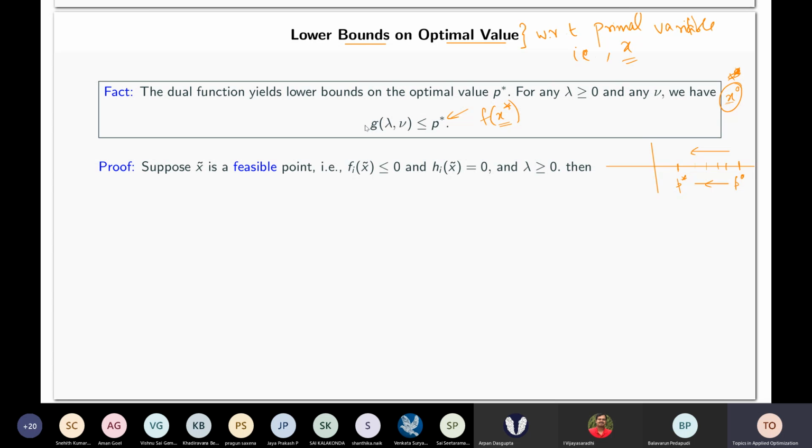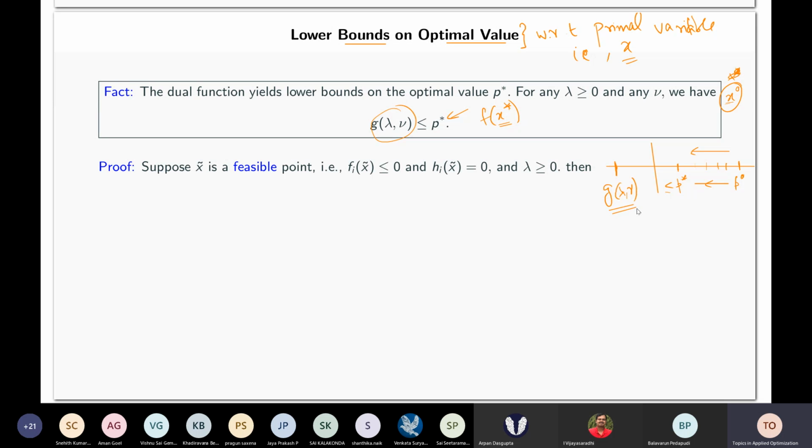But what is interesting is that the dual function is telling you a lower bound. If it is a worse value, maybe it's too loose an estimate, and you can ask what is the use of this. Nevertheless, g of lambda, nu is telling you some lower bound.